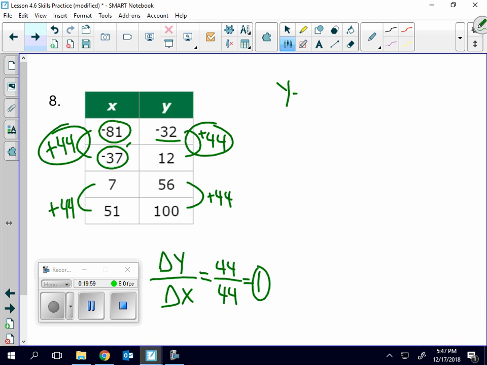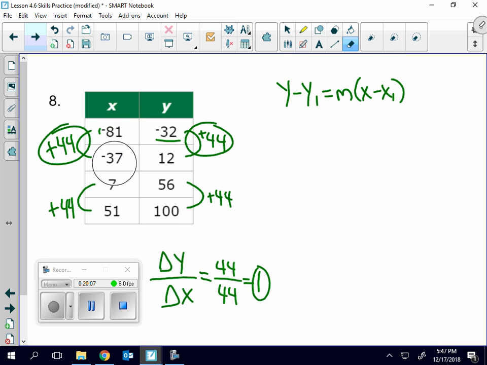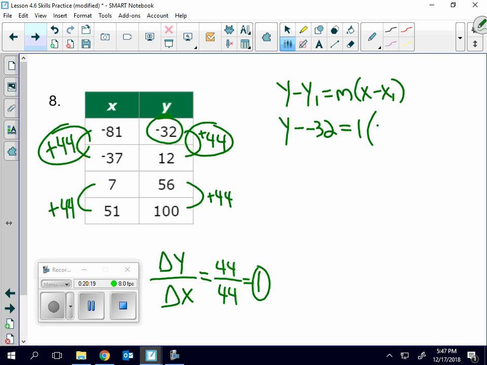So y minus y1 equals m times x minus x1. We're going to plug it in. All right, let me erase this so you can see stuff as I do it. We have y minus the first y, which is a negative 32, equals the slope 1 times x minus the first x, which is a negative 81.